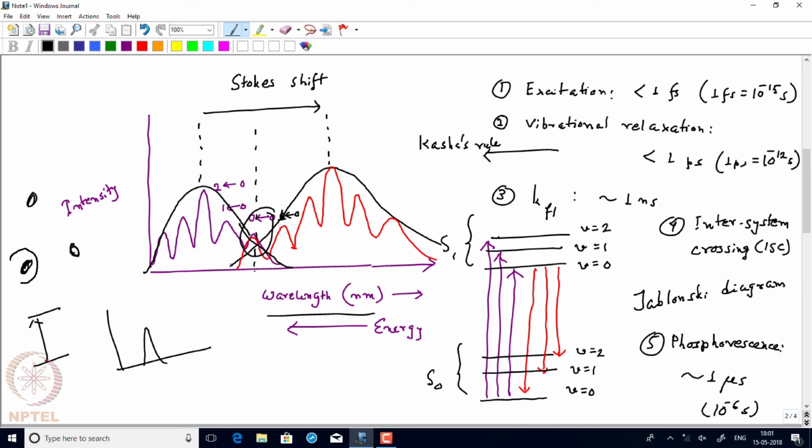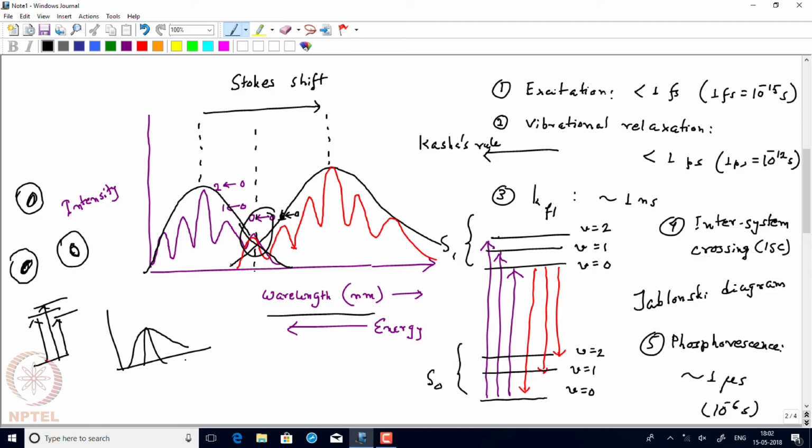The local environment around this molecule will be very different from the local environment around the other molecule, meaning there are solvent molecules around, and the solvent molecules are dynamically changing their positions, and they always interact with the molecules, so the molecular energies are shifted or perturbed. For one molecule you might see this energy level, for the second molecule you might see the energy level a little bit up, for the third molecule a little bit down. So although these are identical molecules, the local environments are so different that their absorption becomes a little bit broad.